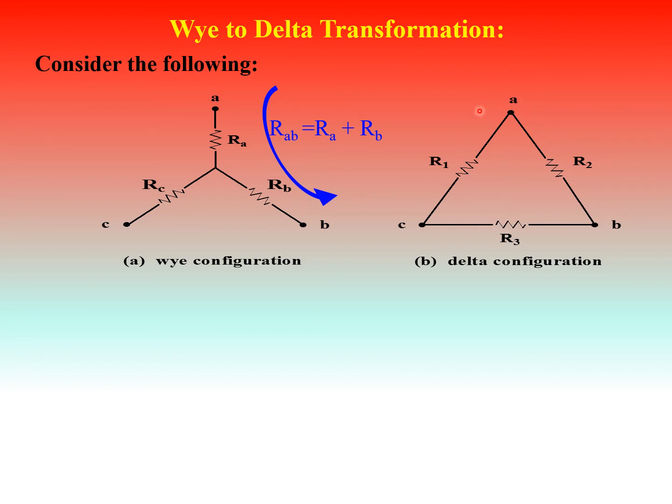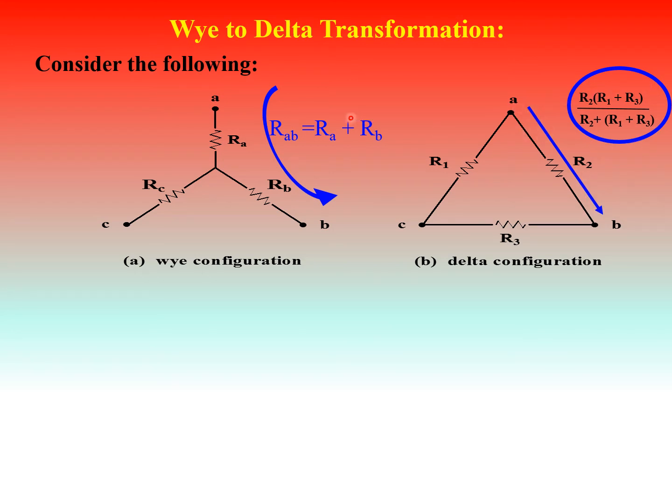We have to take the equivalent resistance between these two terminals A and B. That means the combination of R1 and R3 is in parallel with R2. So the equivalent resistance will be R2 into (R1 plus R3) divided by (R2 plus R1 plus R3). So this is the equivalent resistance between these two terminals A and B.